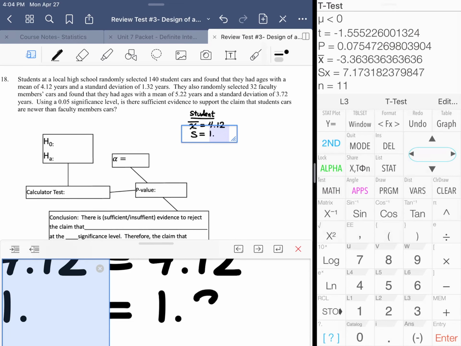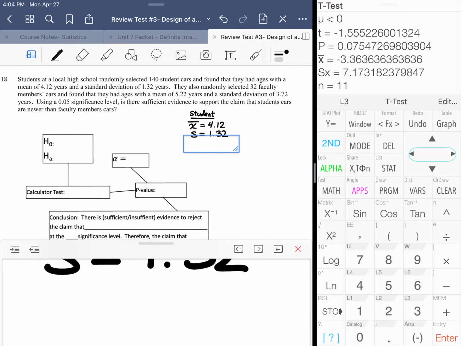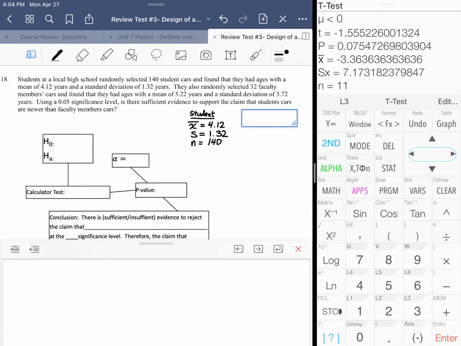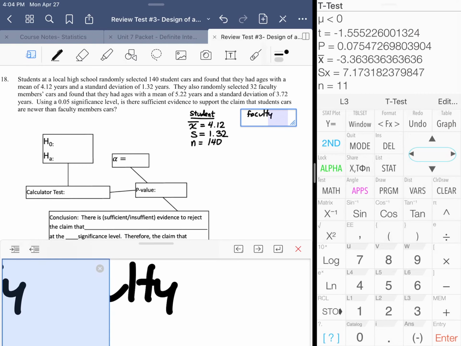X bar is equal to 4.12. S is equal to 1.32. And N is 140. Figured I'd put the N at the end.